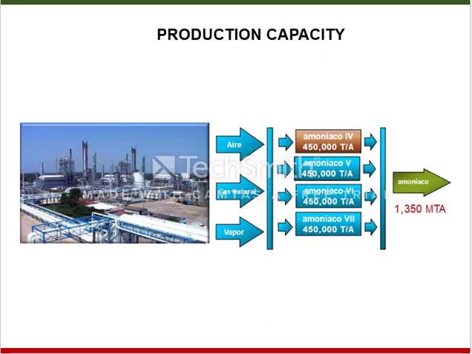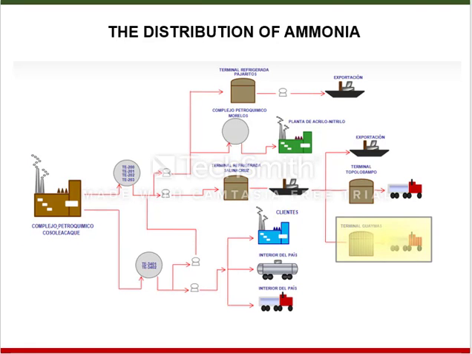And this image shows us the production capacity. It shows us the air, the natural gas, and the vapor. And the distribution of ammonia shows us some vehicles that transport this product, this gas.